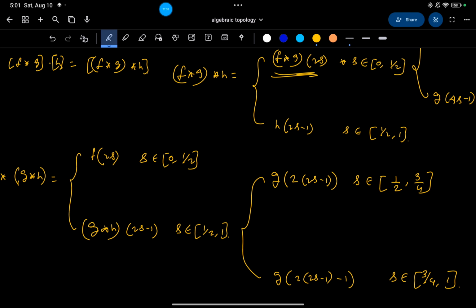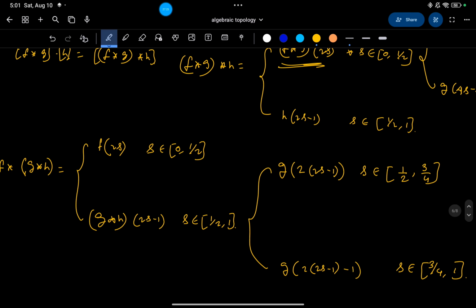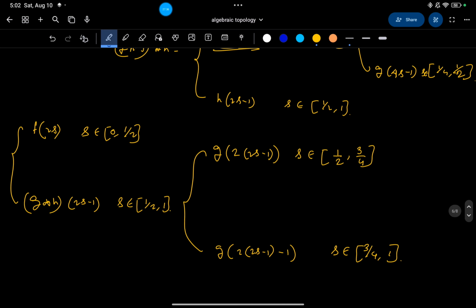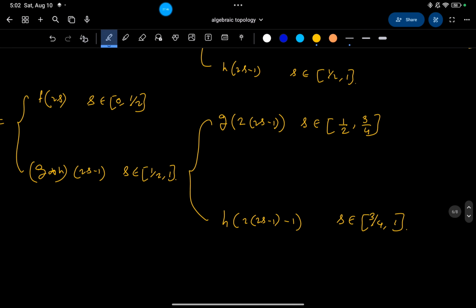Just like 0, 1 by 4, half, 3 by 4, 1. So you can write it as g of 4s minus 2, h of 4s minus 3.